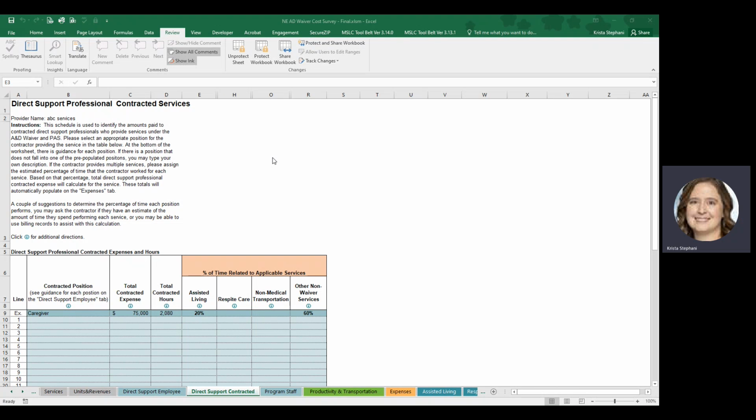On this specific tab, we are looking to collect information related to direct support professionals who are contracted with the agency to provide services. These are not employees of your agency, rather they provide a contracted role and serve the individuals who are receiving services underneath the waiver.